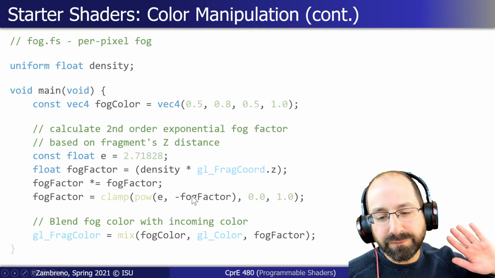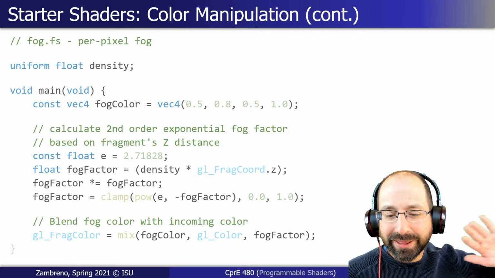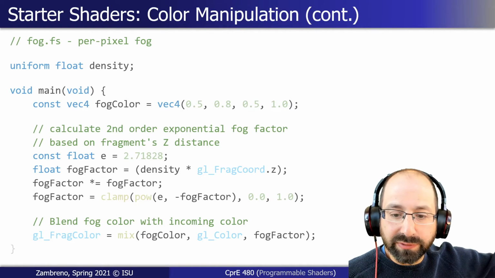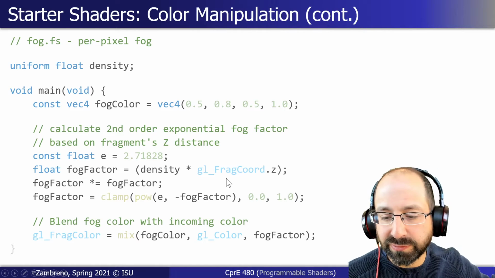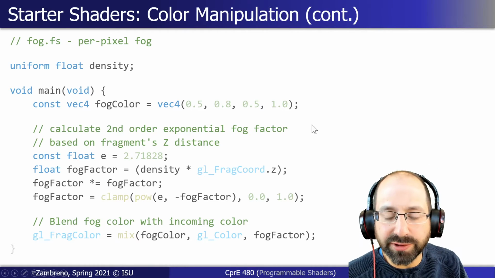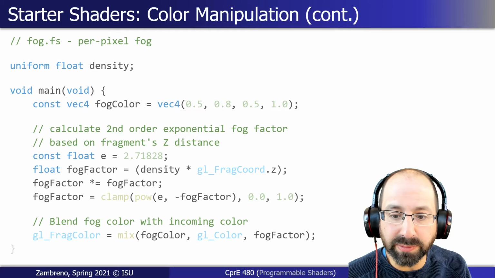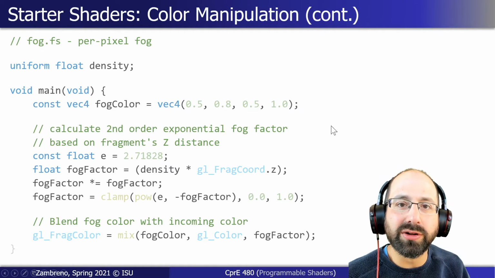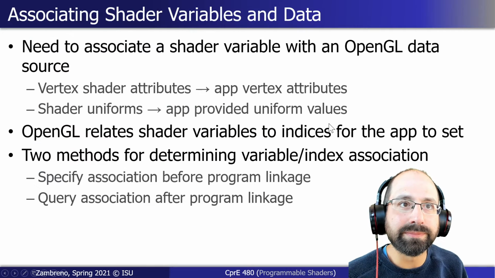So the further things get away, the more foggy they should look. We effectively have less level of detail for those objects that are further and further away. We tend to have other approaches now to do level of detail optimization versus just covering them up because we don't want to actually render all the detail associated with them.